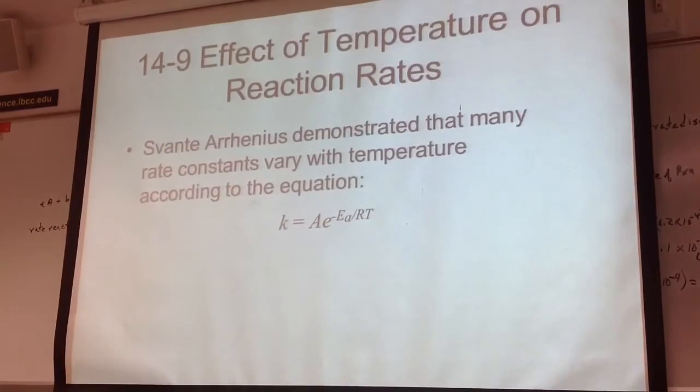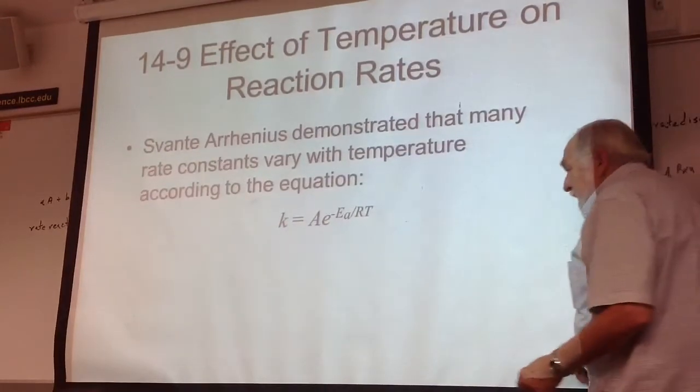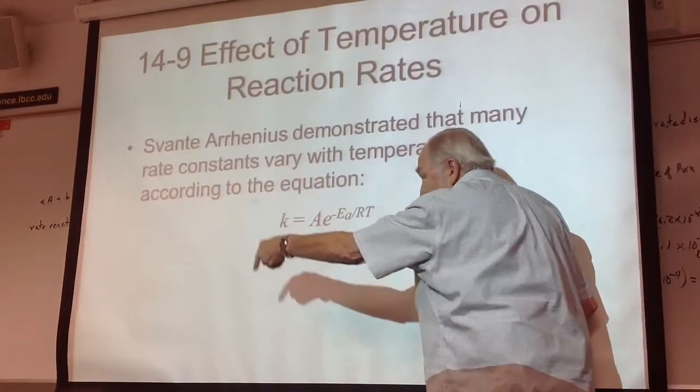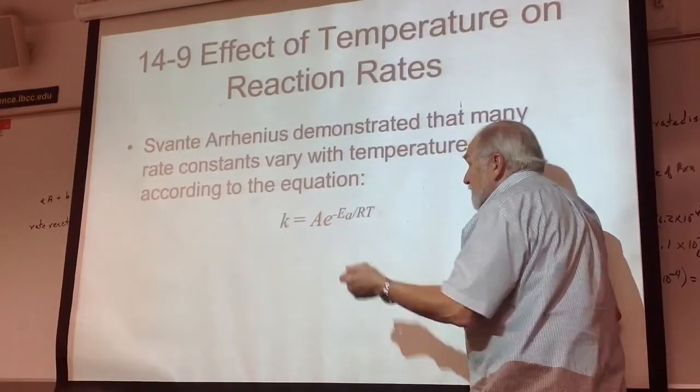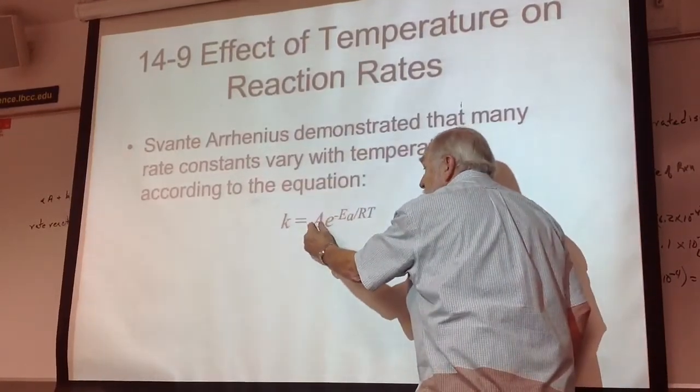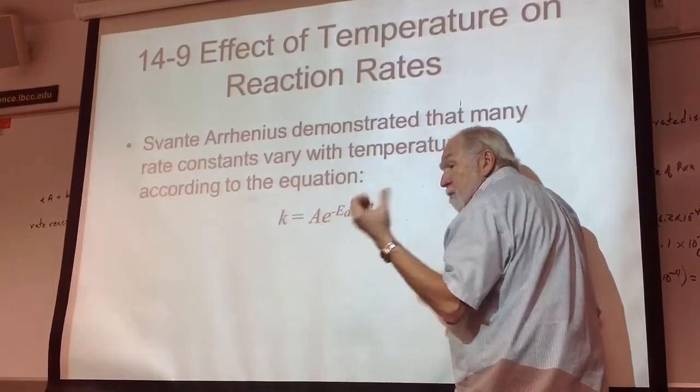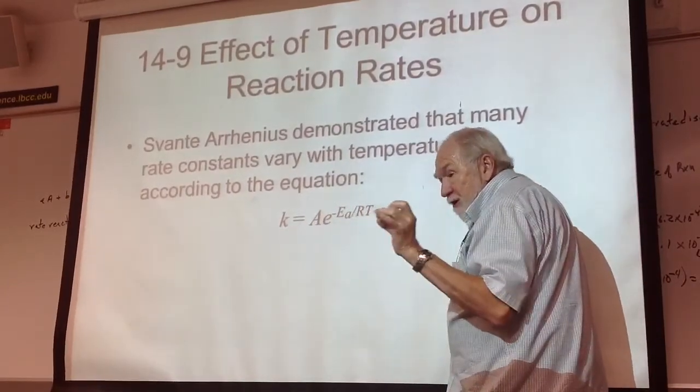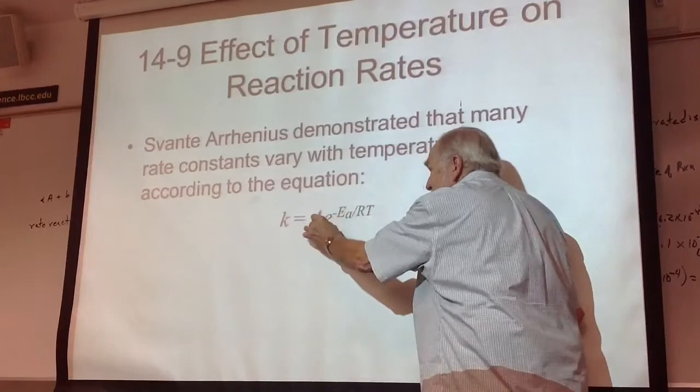I put these in the wrong order, but there's the Arrhenius equation, and this is the rate constant we were talking about in those rate equations, and it's some factor here that represents the number of collisions per second, the probability of a reaction occurring in each collision. So that's the A factor.